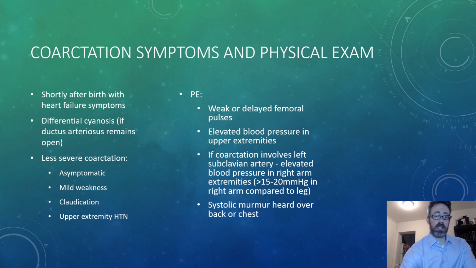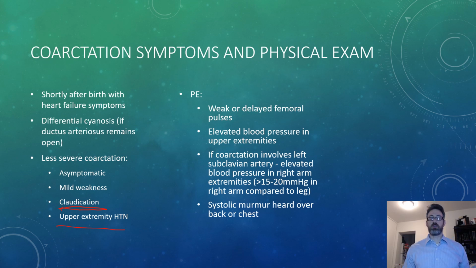Something called claudication, which we're going to talk about in more detail in another lecture, is essentially an ischemia of the lower legs when the demand is higher than the supply. And then upper extremity hypertension. So this is one of these classic appearances, where generally you should be measuring the blood pressure in the upper extremities as well as in the lower extremities.